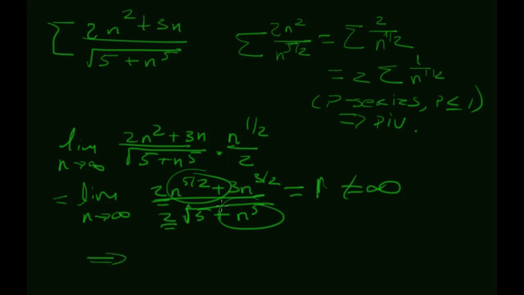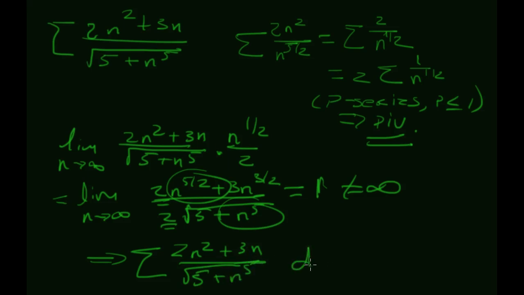So if this ratio works out to be 1, and this one diverges, which means that the other one must also diverge. Okay, yay, limit comparison test.